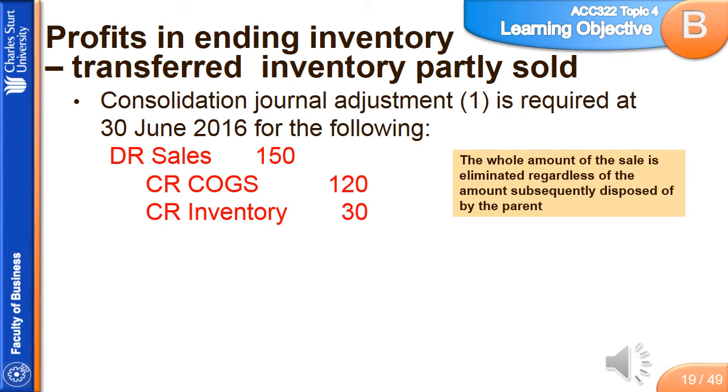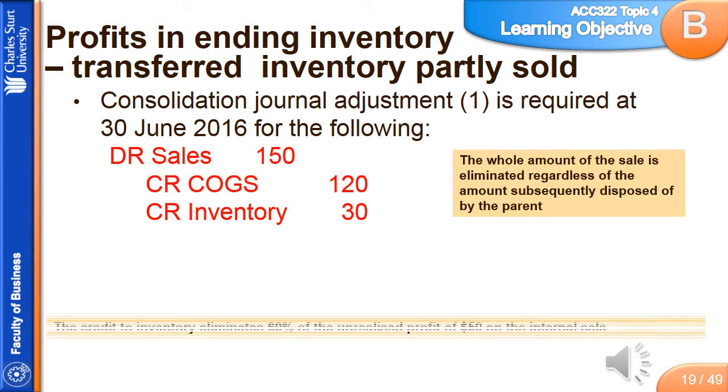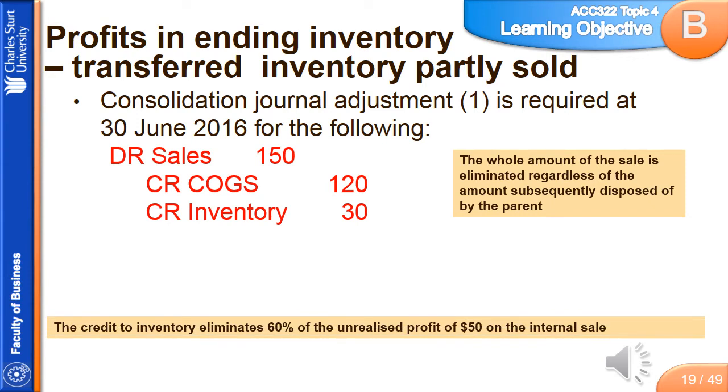So with inventory, when I'm actually doing one of these questions, I would probably figure out what the inventory amount is first after sales, and what's happened there is there's 60% still on hand, so I would go the profit amount of $50 times that by 60%, which equals $30, and therefore that would be my credit balance, and the difference between the two would be the COGS, which is therefore 120.